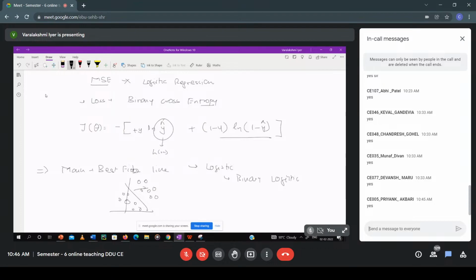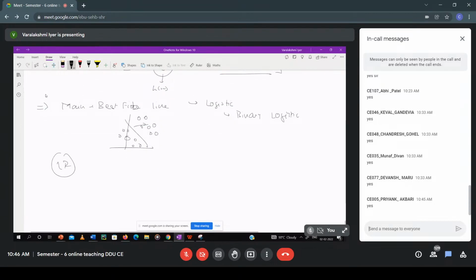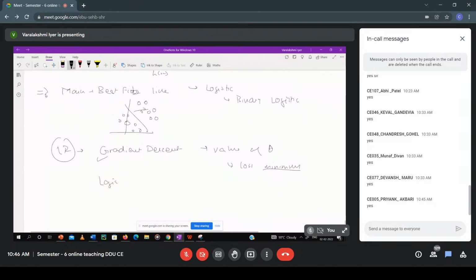In the case of linear regression, if you recall, we were utilizing an optimization algorithm called gradient descent to identify the value of the parameters such that your loss is minimum. Similarly, in the case of logistic regression we will implement something similar.